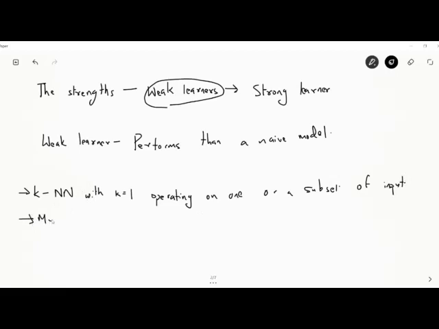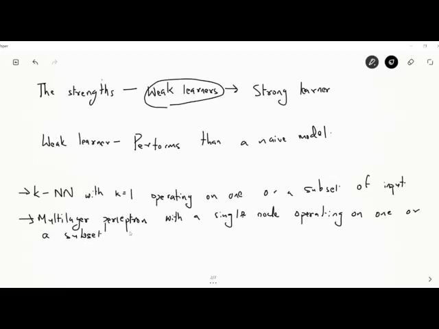Similarly, a multi-layer perceptron with a single node operating on one or a subset of input variables.